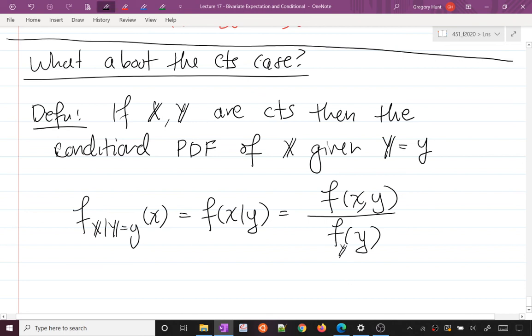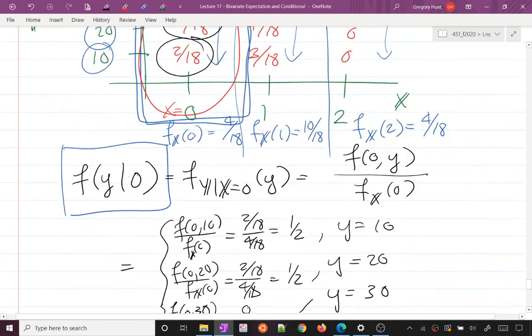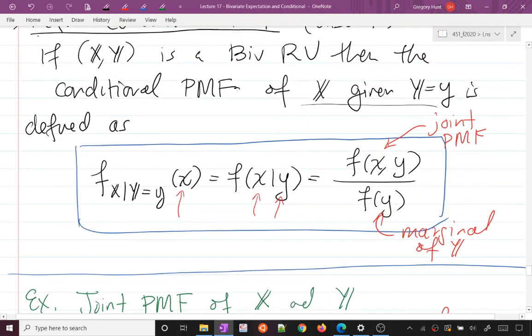And it turns out everything works nicely. And we can similarly define conditional distributions for the continuous case just by using the same formula. So I guess I need to note in this formula that this is the marginal of y.